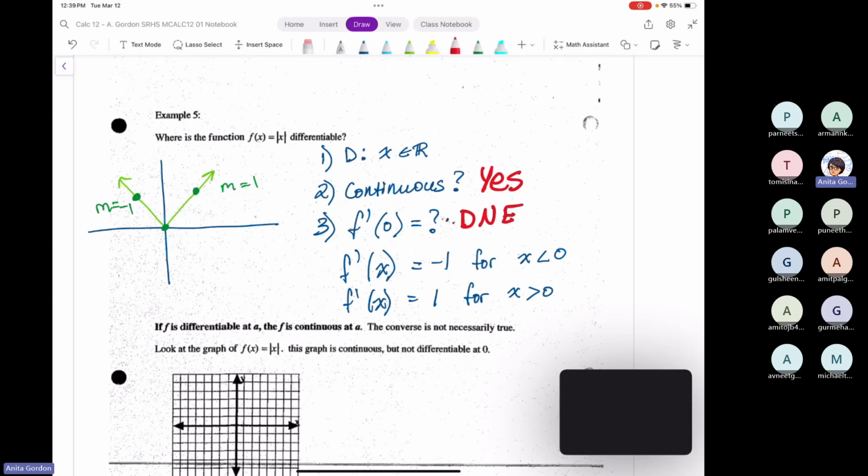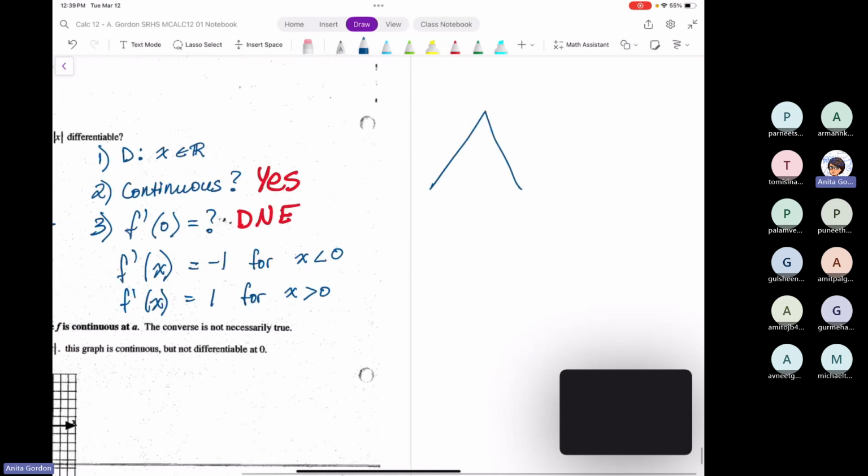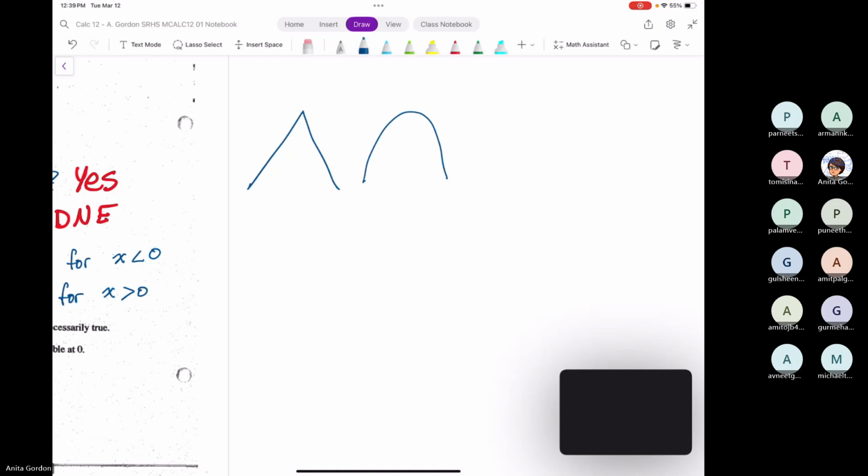I'm going to explain this kind of visually. If you have a sharp point, a corner, versus a curve, then at every point in the curve, you have a distinctly unique tangent. If you have something like this, you have unique tangents here, here, and here.